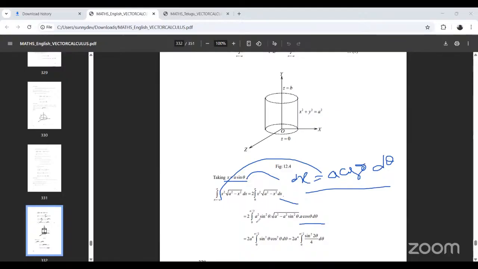So sin square theta and under root of 1 minus sin square theta is cos theta. Already cos theta is there, so that becomes cos square theta.